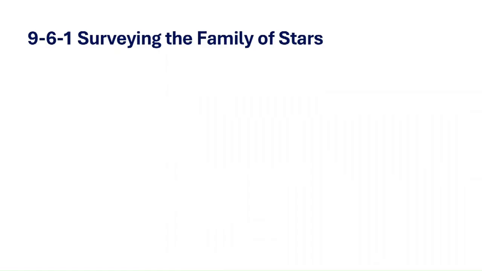Now that we know why astronomers take a census of the stars, let's look at how they actually do it. Now, to understand the overall makeup of the galaxy, astronomers start close to home by surveying the stars around Earth.